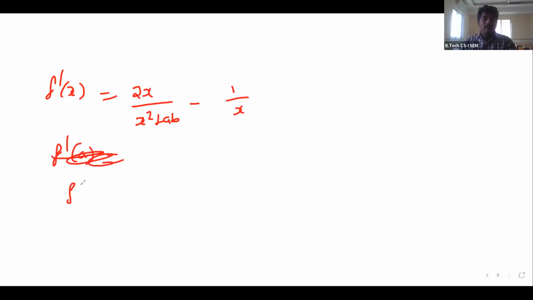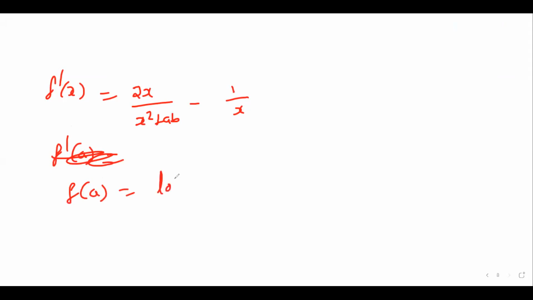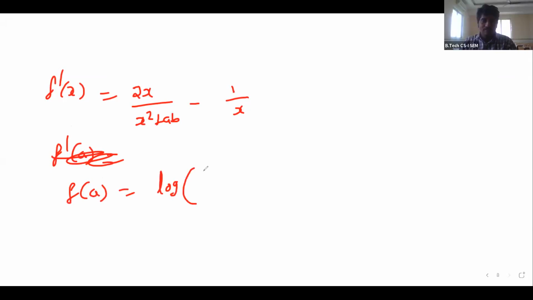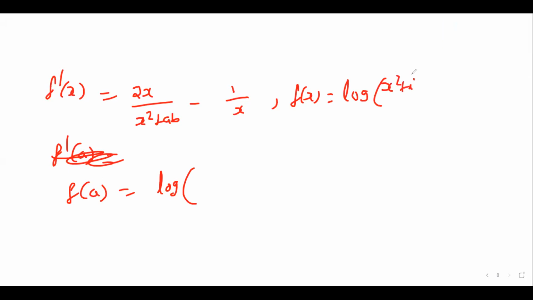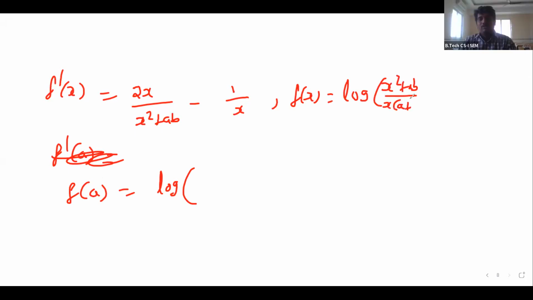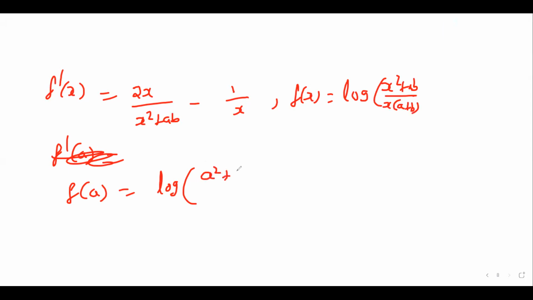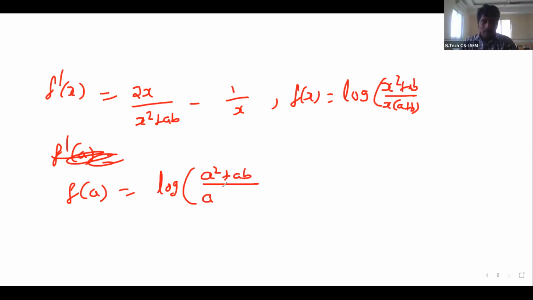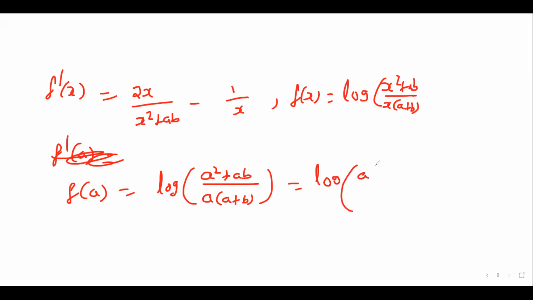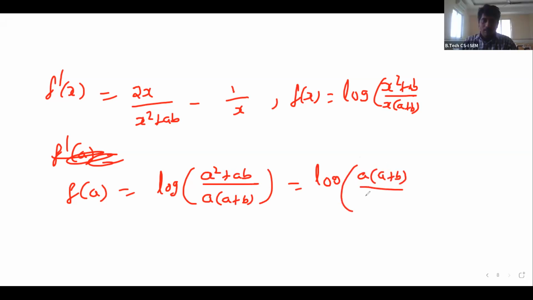Okay, now f of a. Tell me f of a. 1, sir. f of a is log of a square plus ab by a into a plus b. Taking a common, log of a into a plus b by a into a plus b.